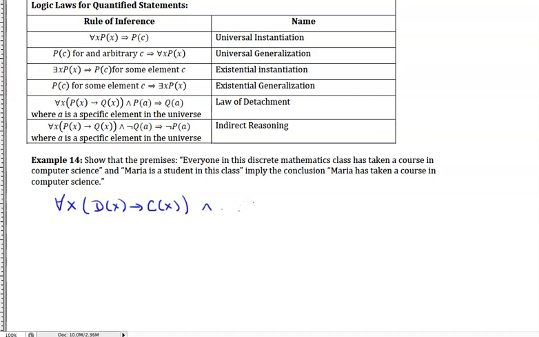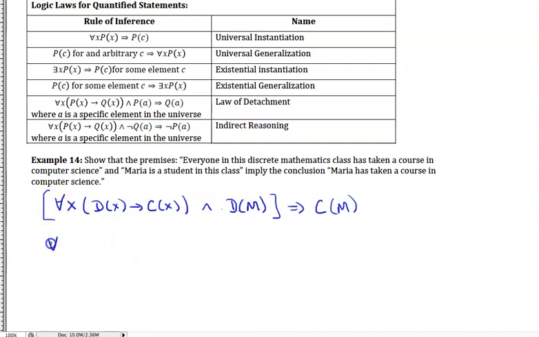So Maria is a student in this discrete math class. These are my premises, and I want to imply the conclusion that Maria has taken a course in computer science. So I want to show that C of M is true. All right, so this is how this is going to work.